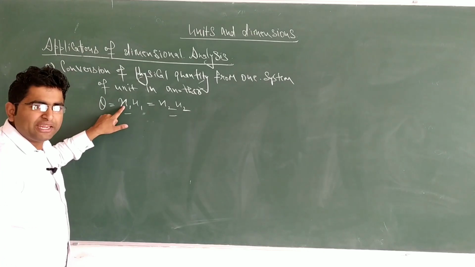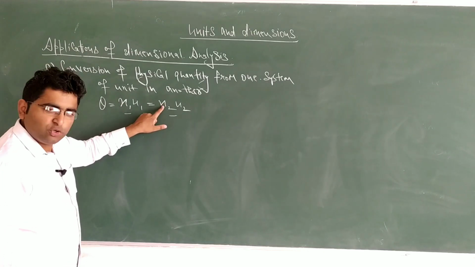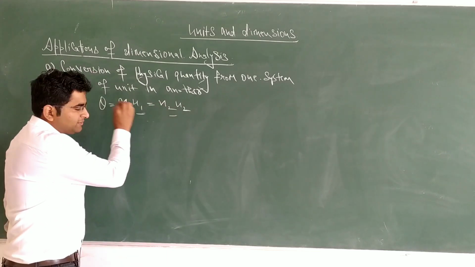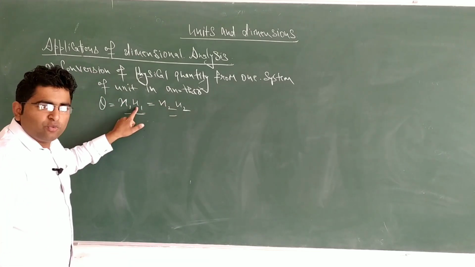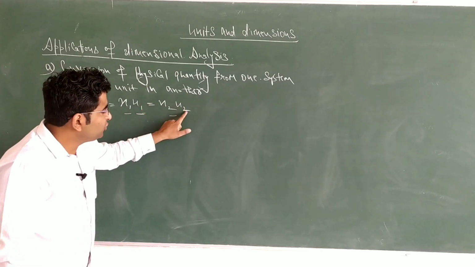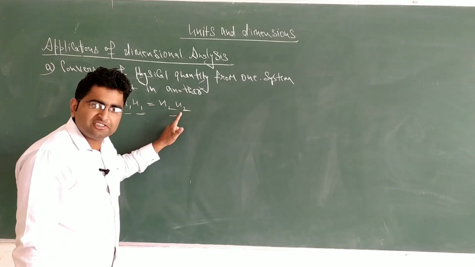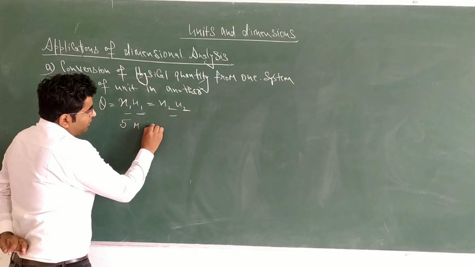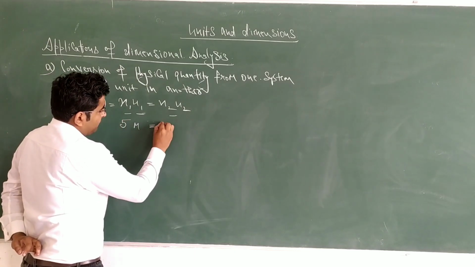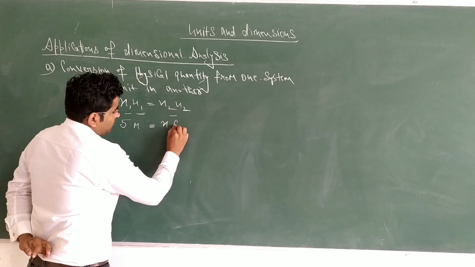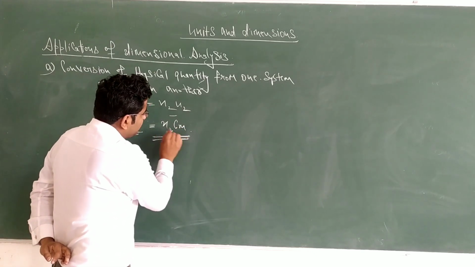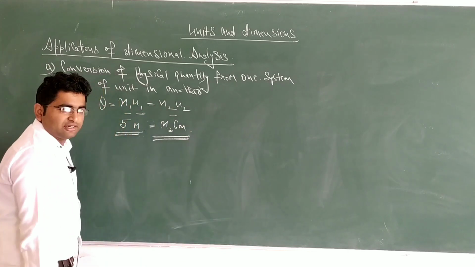Then N1 represents the numerical value in MKS, N2 the numerical value in CGS, and U1 the unit in the first system, U2 the unit in the second system. For example, I am writing 5 meter equal to N2 centimeter.